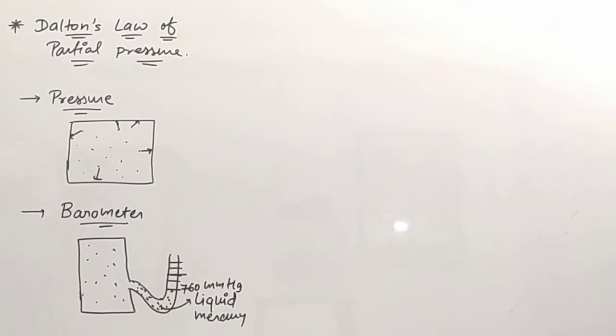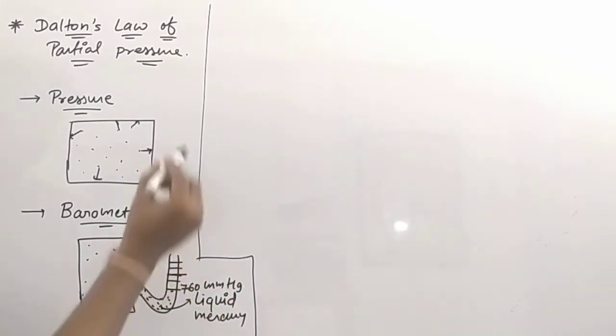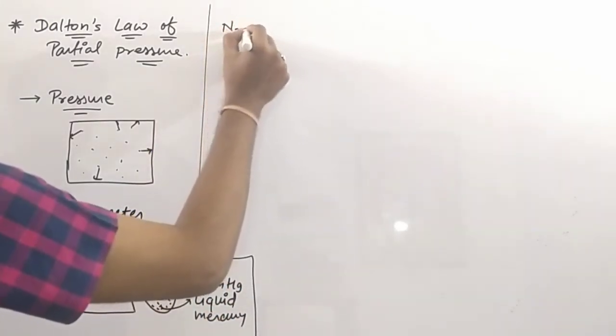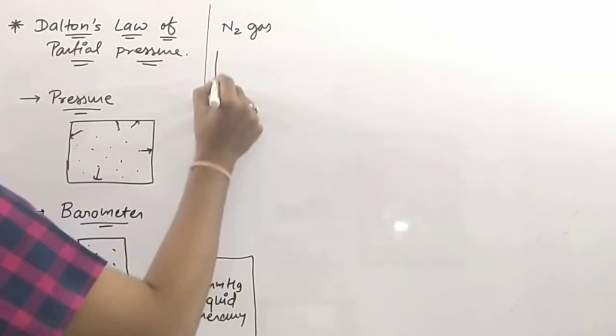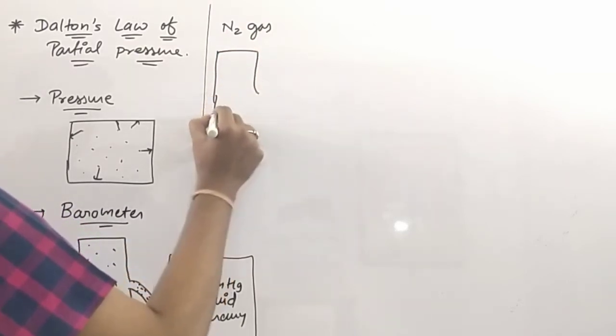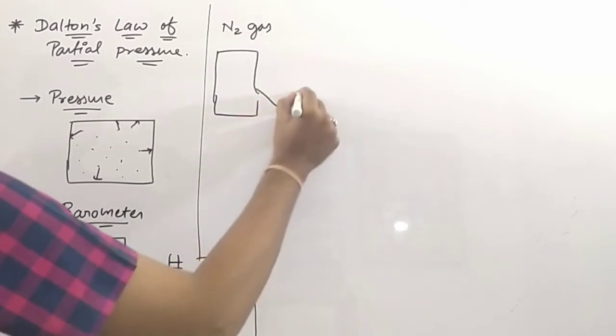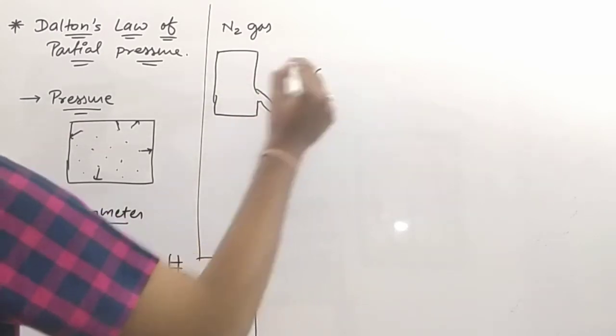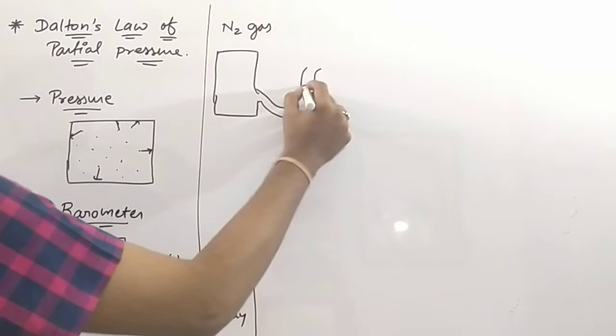Getting my point? So if you want to calculate the pressure of N2 gas, you have to take nitrogen gas and fill it into the barometer like this. Here markings are there.